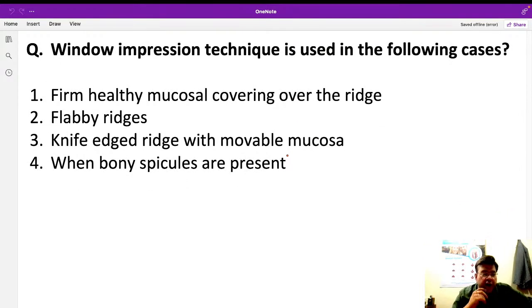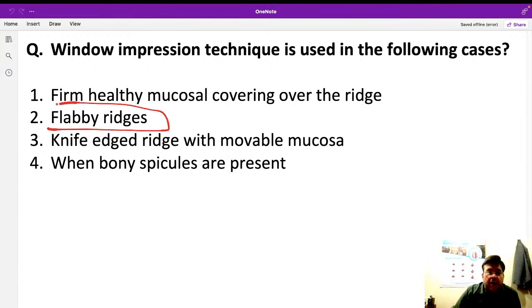Last question for the day. Window impression technique is used in the following case. Very good. Absolutely right.